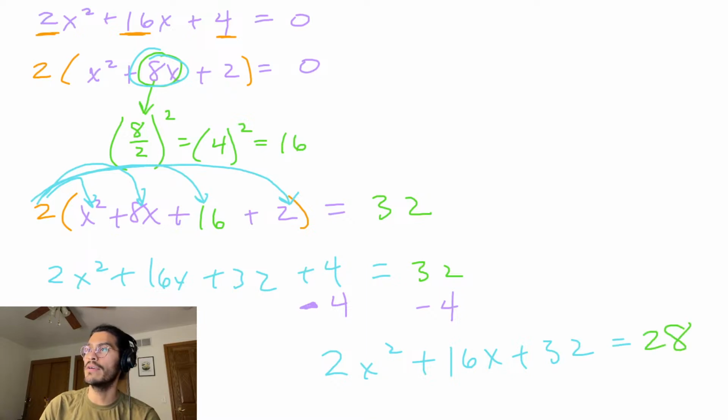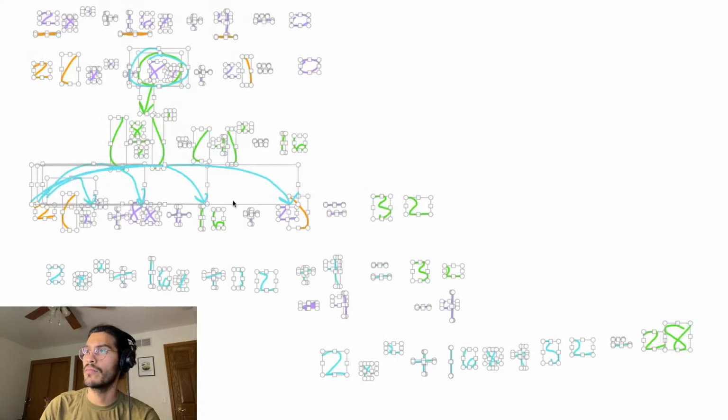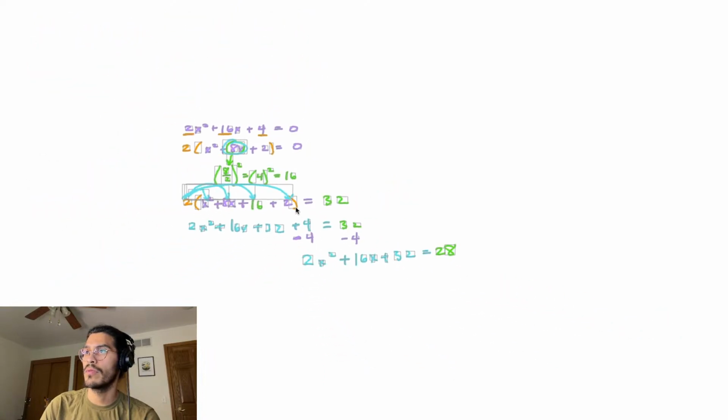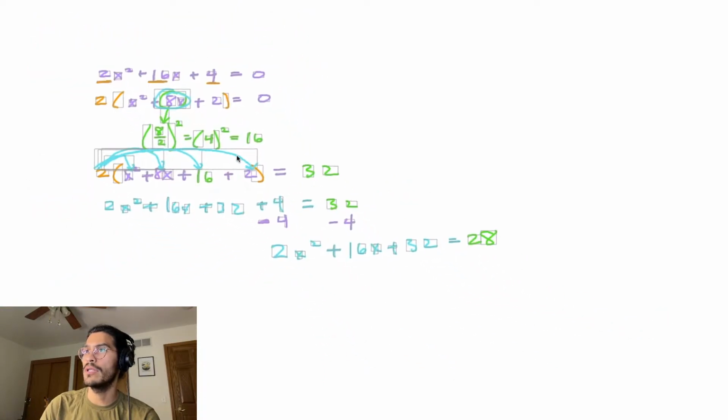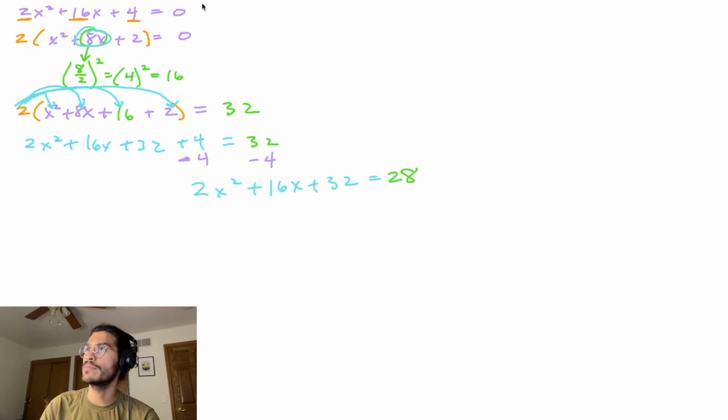Okay, we're getting very close. I only redistributed this 2 here so that we could better see how to get rid of that 4. Now that we've gotten rid of that, let's put this back in parentheses.